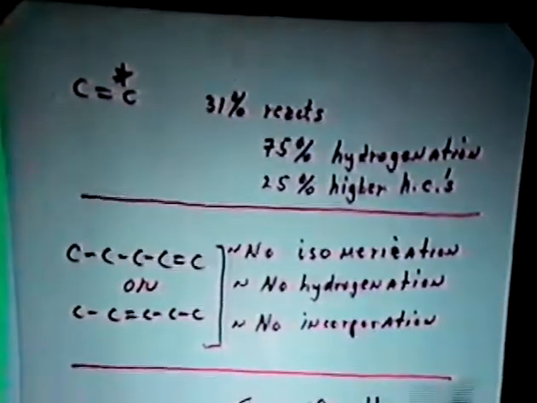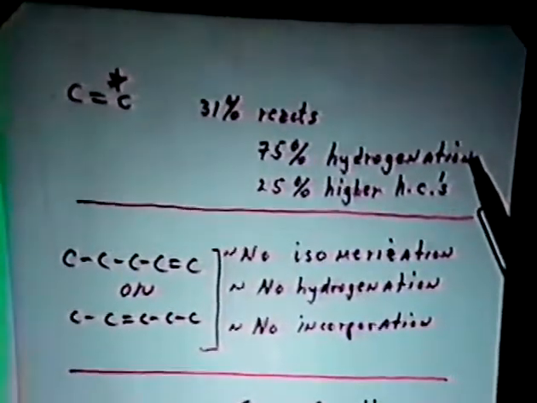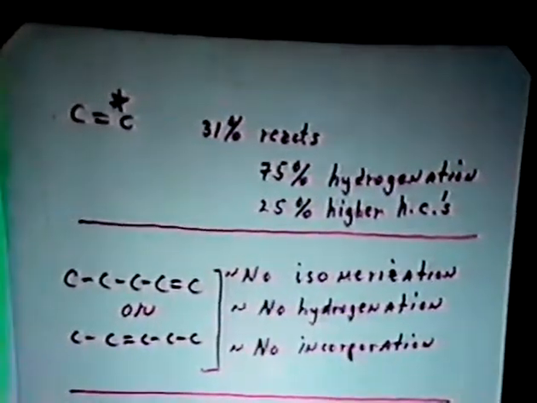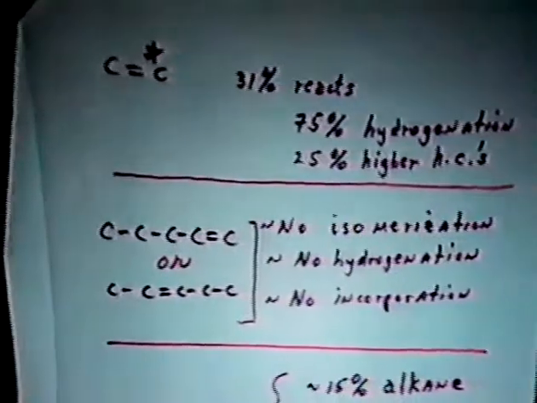And so we have the case where ethylene, under these conditions, undergoes conversion. A significant fraction of ethylene undergoes hydrogenation. A small fraction builds in, but it is predominantly in C3.